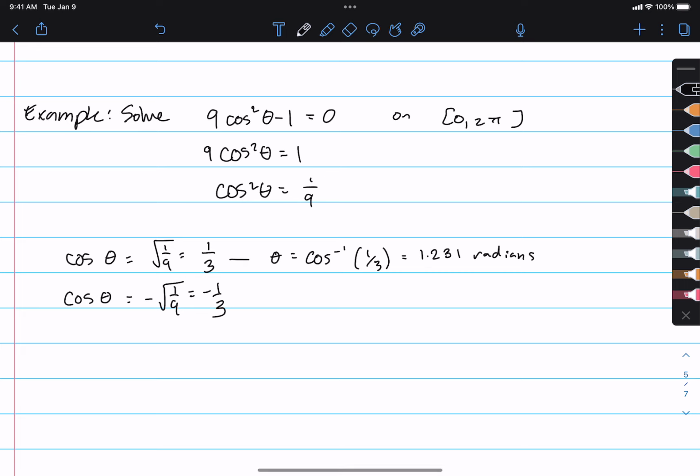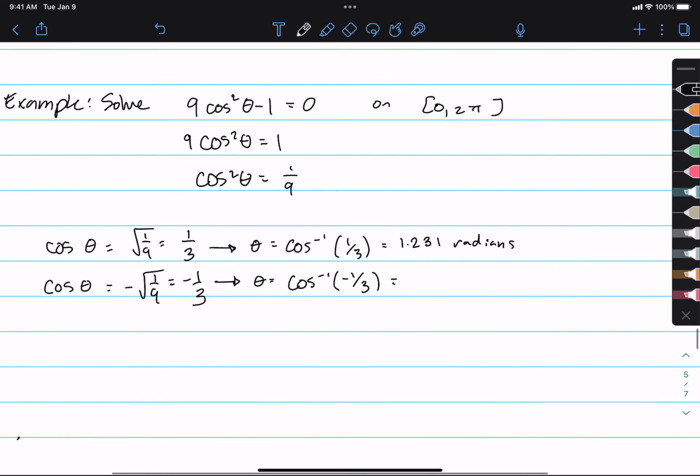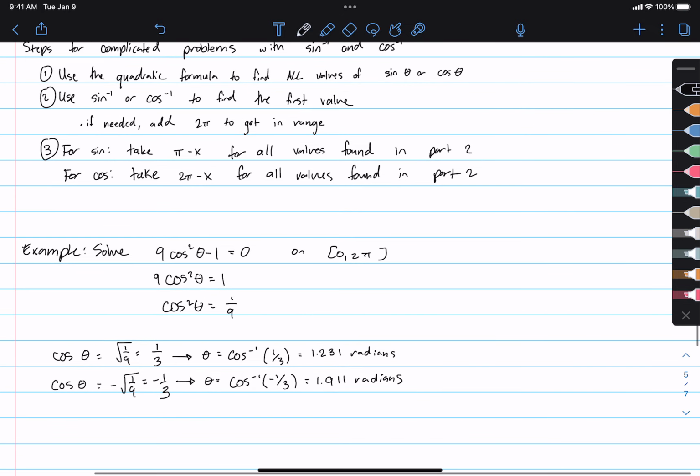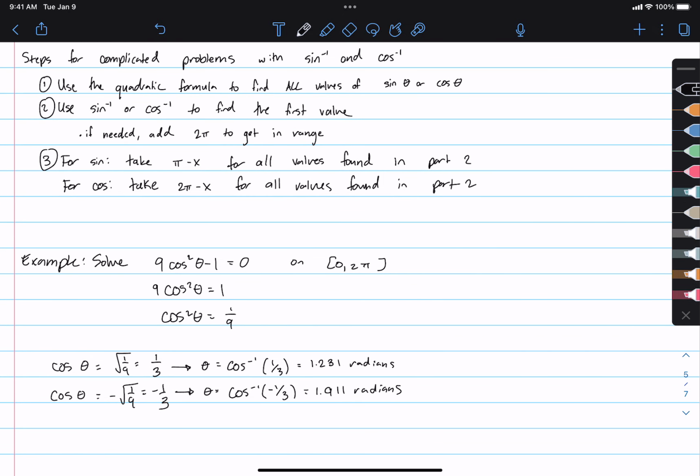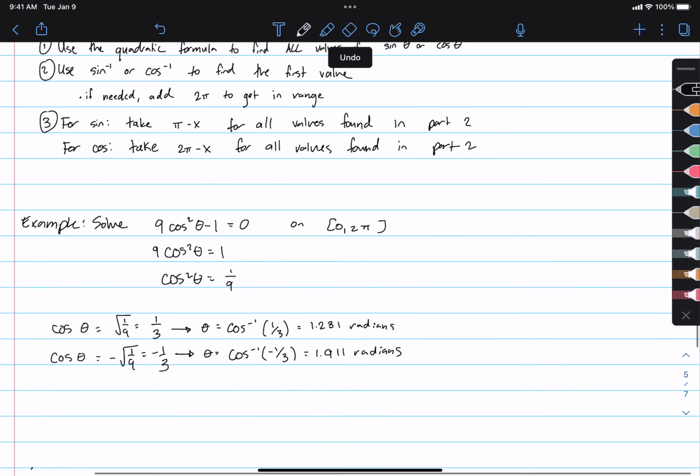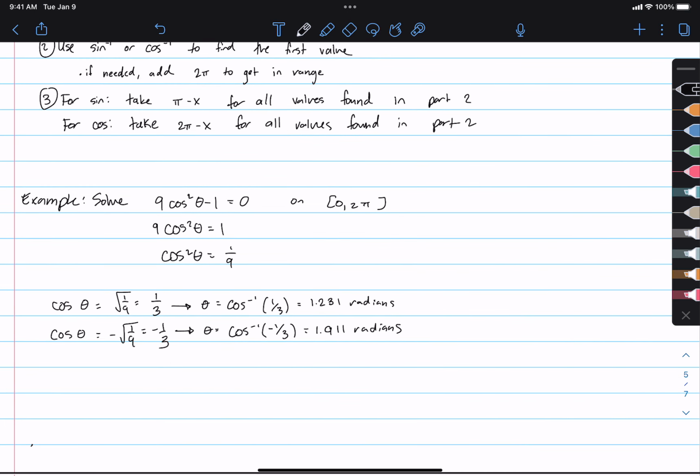And if you say that theta is equal to cosine inverse of negative 1/3, then you're going to get 1.911 radians. So we just found our first two values. These are between 0 and 2 pi, so these are fine. Now we're going to have to find two new values from this.